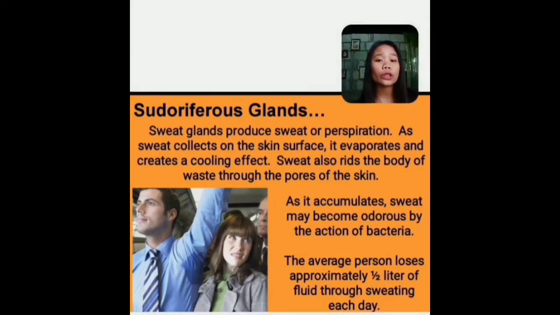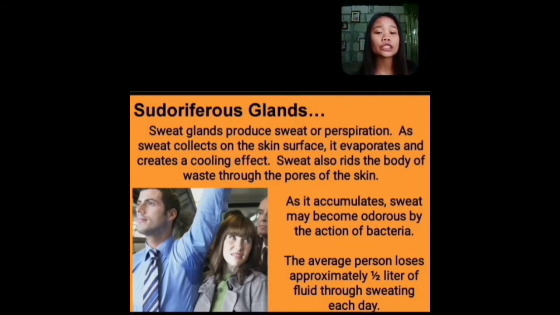As sweat collects on the skin surface, it evaporates and creates a cooling effect. Sweat also rids the body of waste through the pores of the skin. As it accumulates, sweat may become odorous by the action of the bacteria. The average person loses approximately 1/2 liter of fluid through sweating each day.